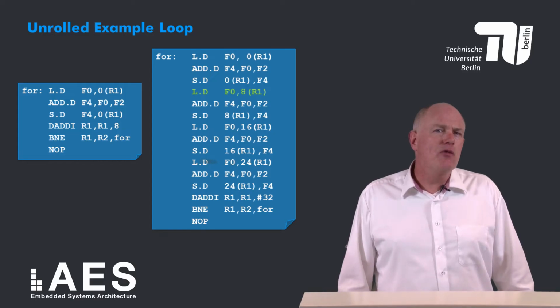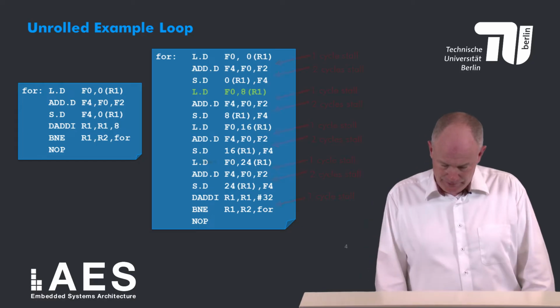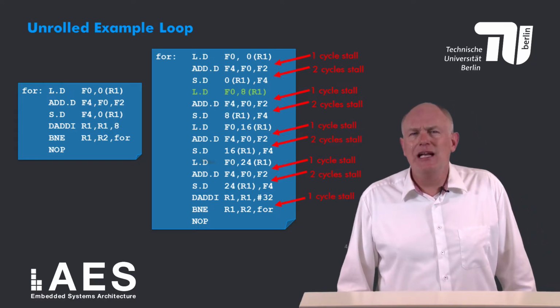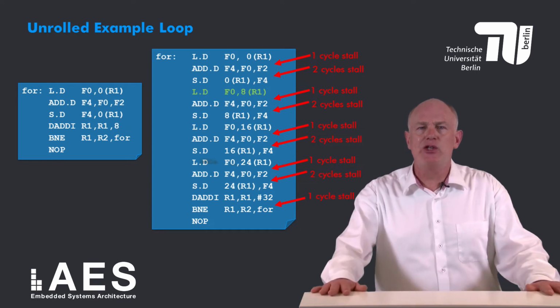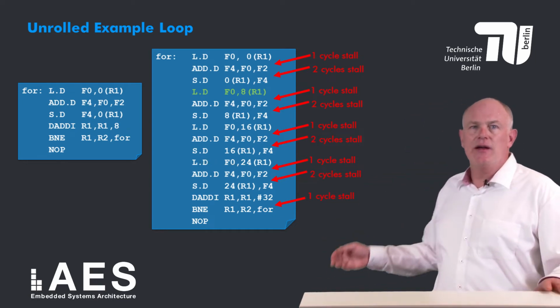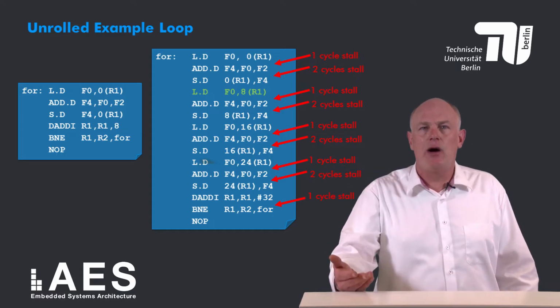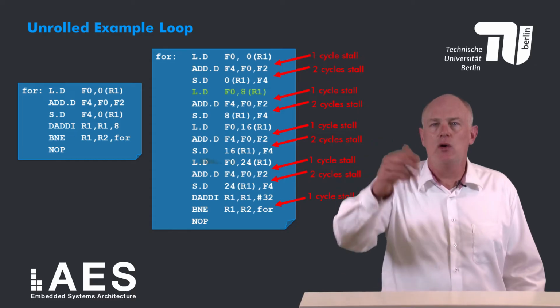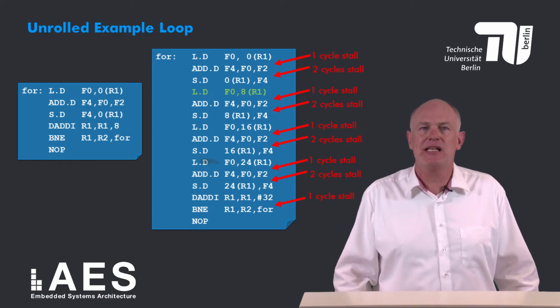But does this loop really run faster than our previously scheduled loop? Unfortunately not, because when this code is executed there will be many stall cycles as shown here. Because every store double depends on the preceding add double, which in turn depends on the previous load double, there will be 3 stall cycles per element x[i].